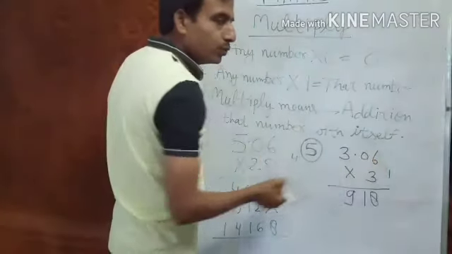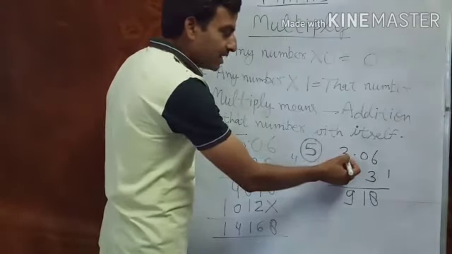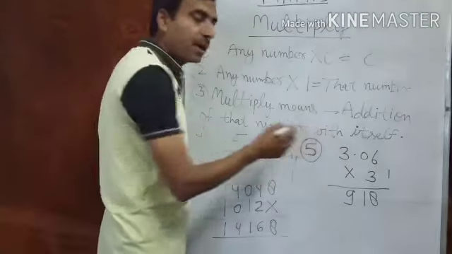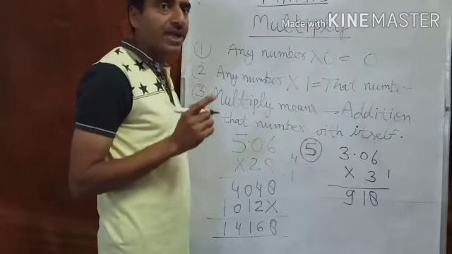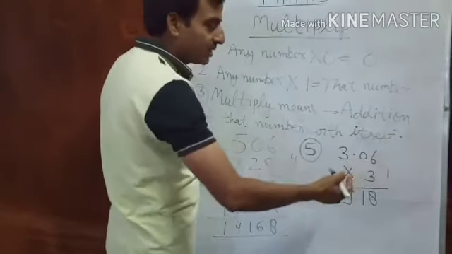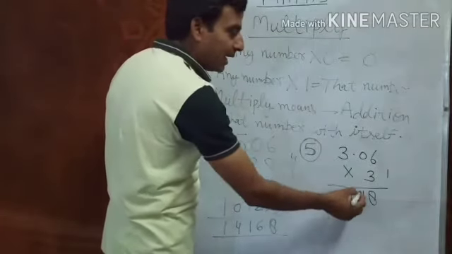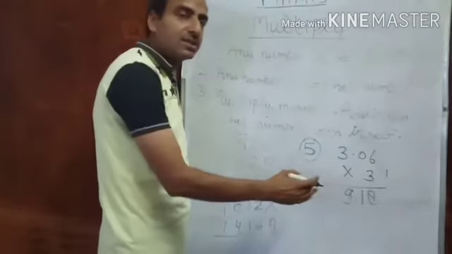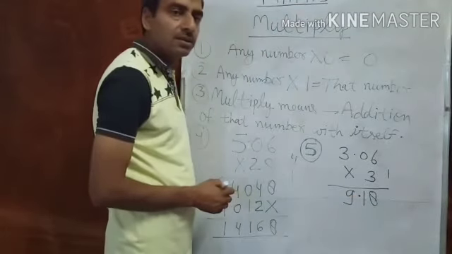Left side there is no decimal, it is a whole number, so we will not calculate any whole number. We calculate the decimals from RHS. 2 digits are of decimal over here. Then we put the decimal in the answer from RHS, 1, 2 digits. This is the answer.